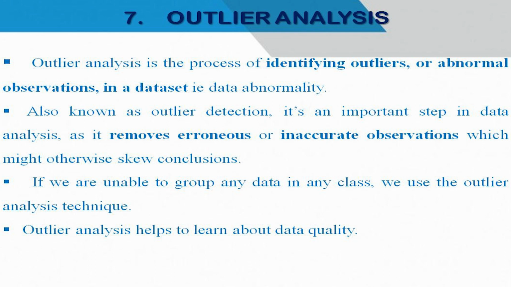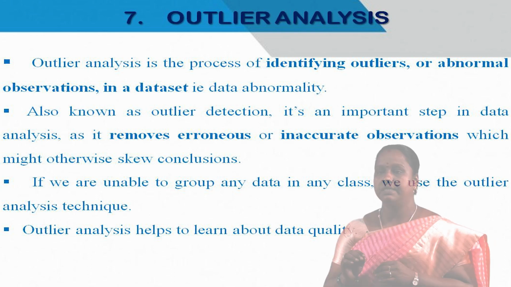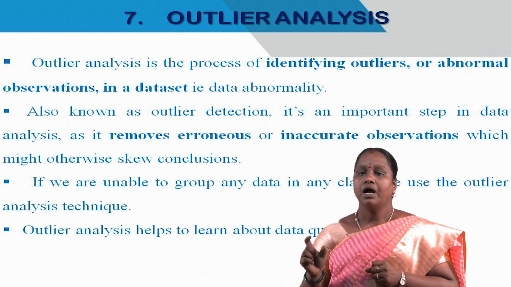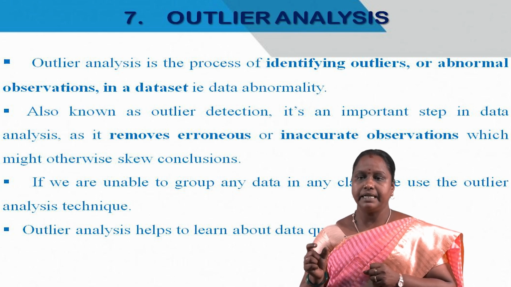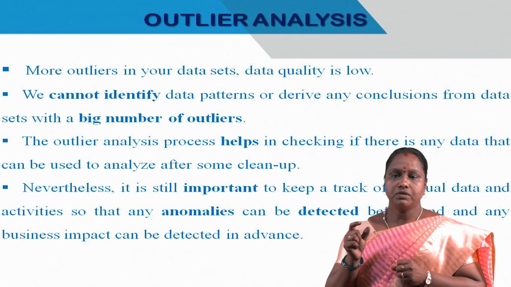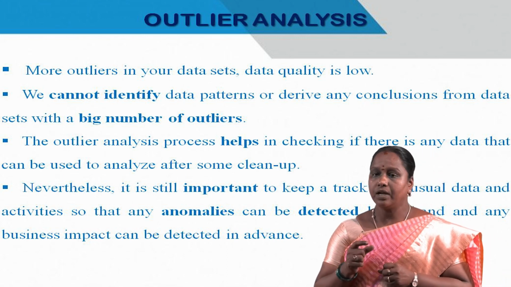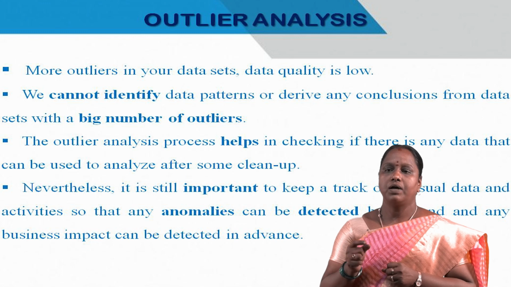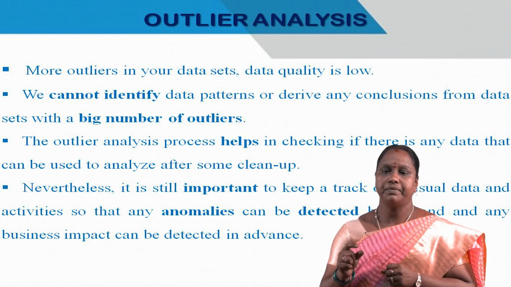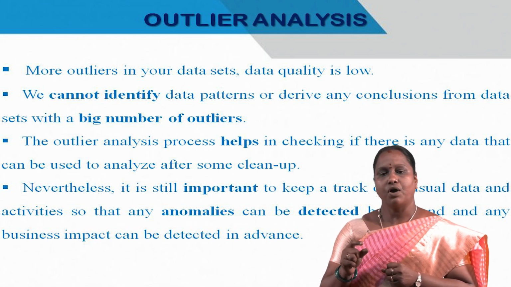If we are unable to group any data in any class, we use the outlier analysis technique. Outlier analysis helps to learn about data quality. Outlier means data abnormality in most cases. Most outliers in your data sets lower the data quality. You cannot identify the data patterns or derive any conclusions from data sets with a big number of outliers.